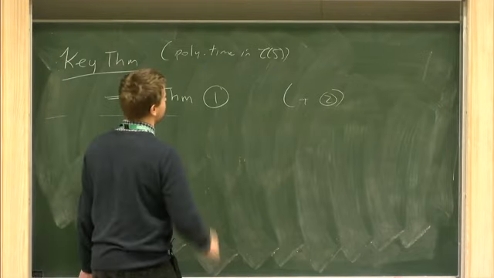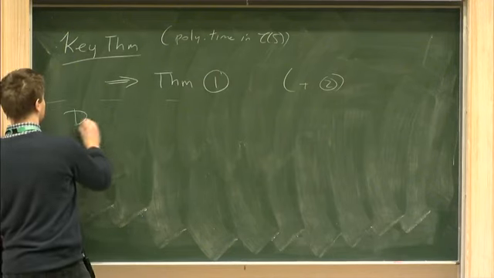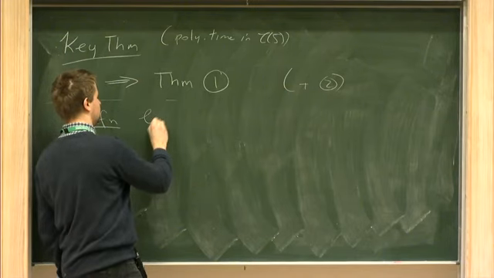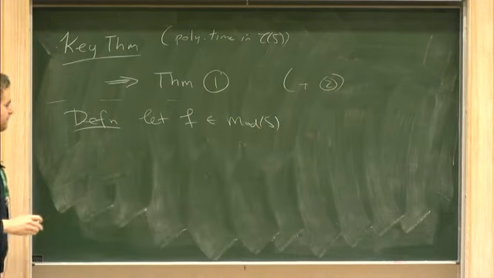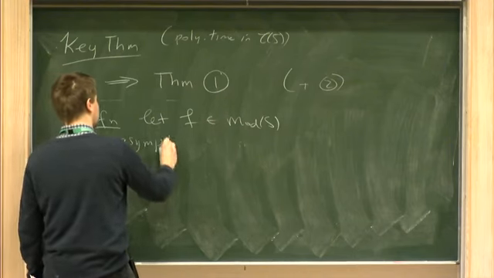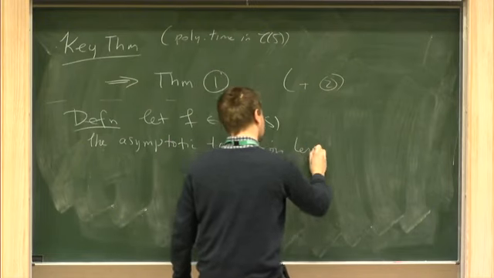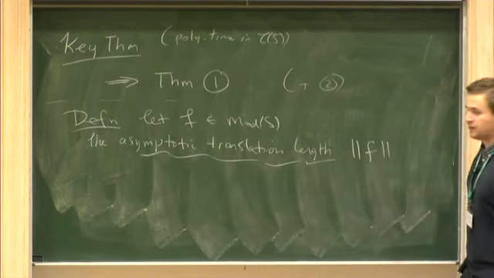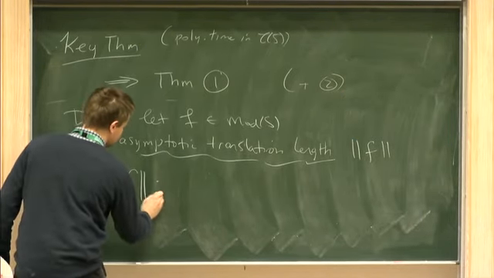So I'll need the following notion, that of the asymptotic translation length, or stable length. Let f be a mapping class. The asymptotic translation length of f is the following real number.